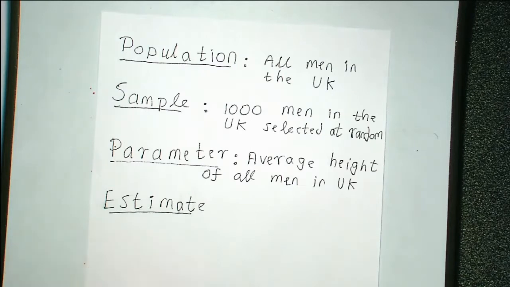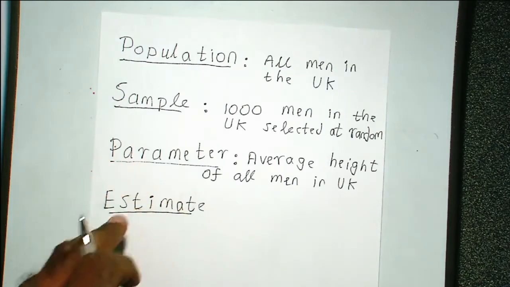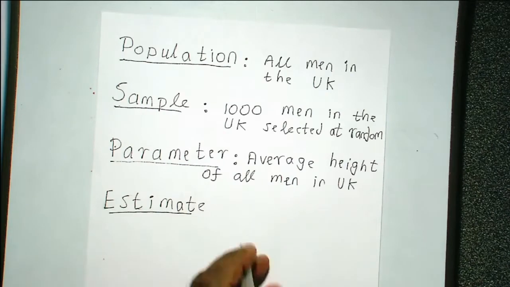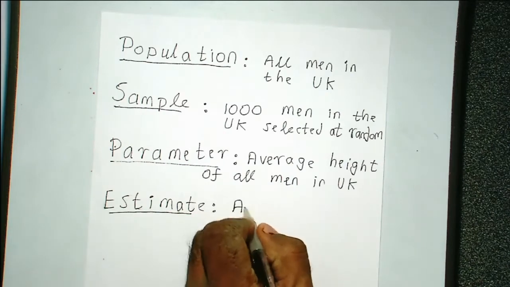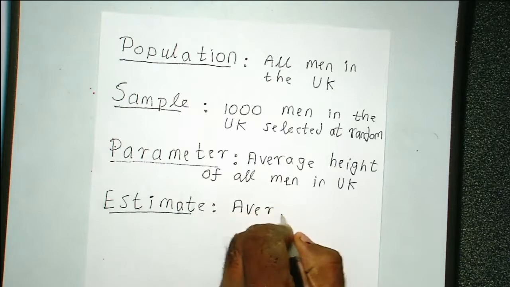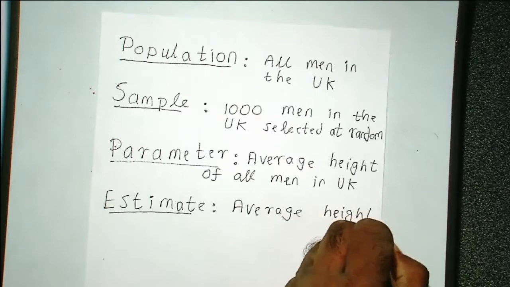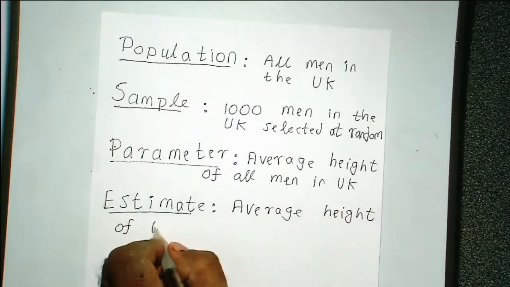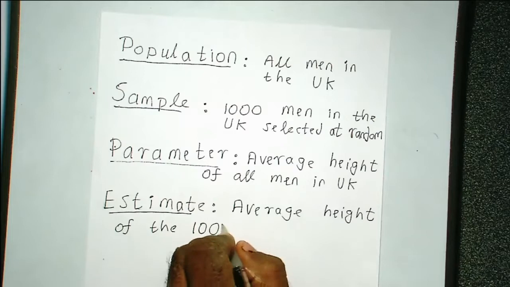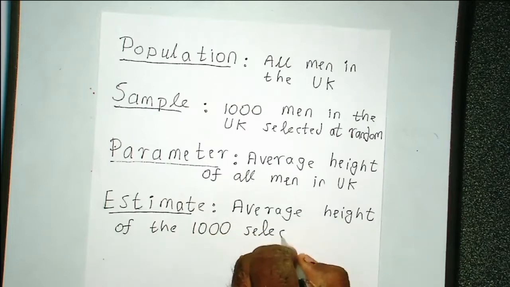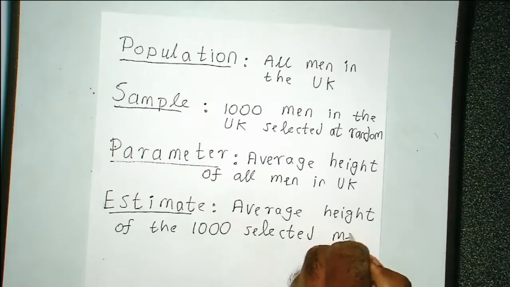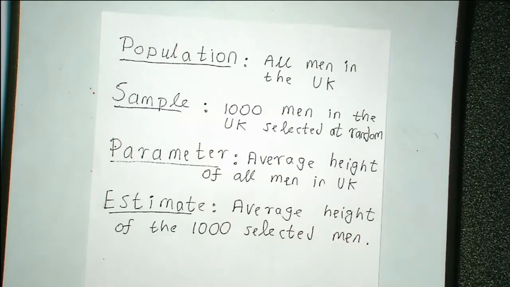So what you do is, instead of computing the parameter, you compute something known as the estimate. And this would be, right, the estimate could be the average height of the 1,000 men that we selected in the sample, right?